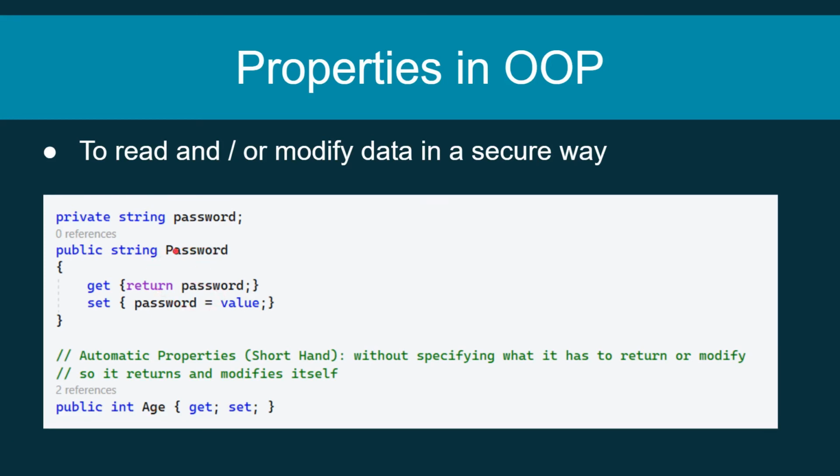But in the previous example we have a different private variable or field inside our class, and a property to get and set the value of the private field. In automatic properties, you directly set its own value. It is automatic, it is shorthand. This is also used to create your own type. I will show you an example of that.